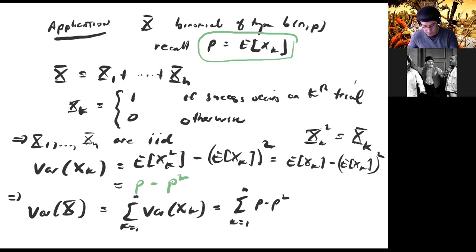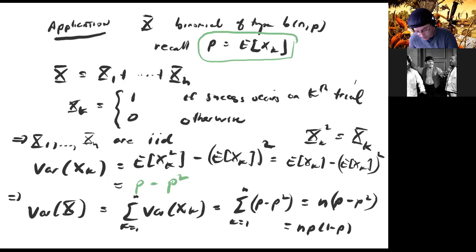We're taking up the number p minus p squared n times, so you get n times p minus p squared. Or if you like, we get n times p times 1 minus p, which is the formula we got for the variance using a completely different approach way back when we studied the binomial distribution. This is a much easier argument. So I think this is really nice.